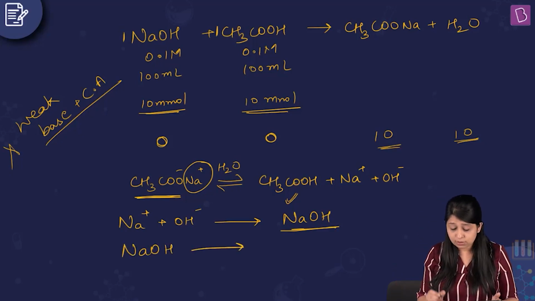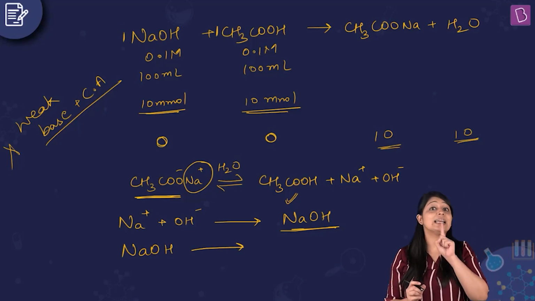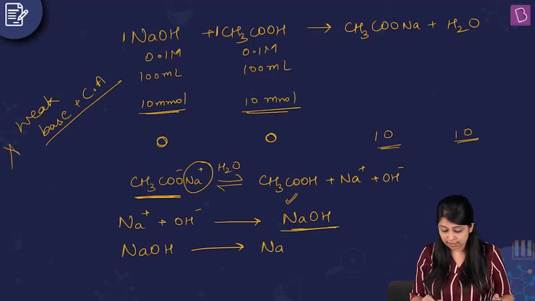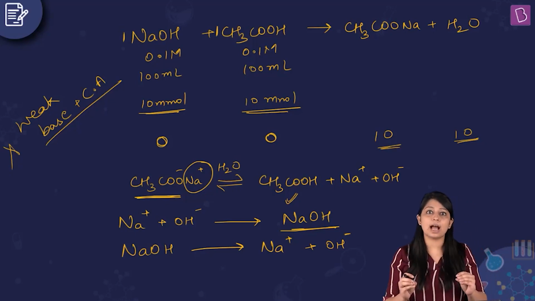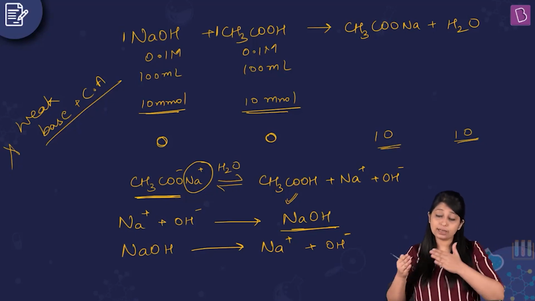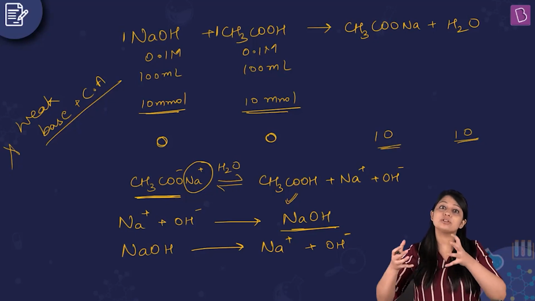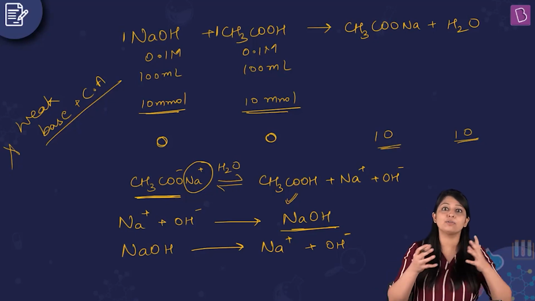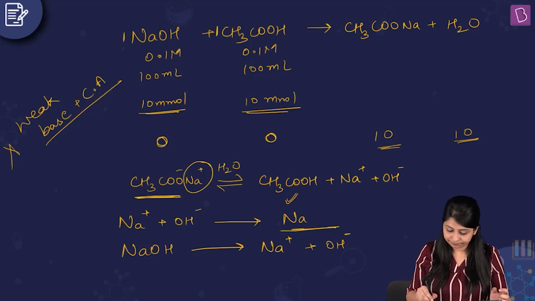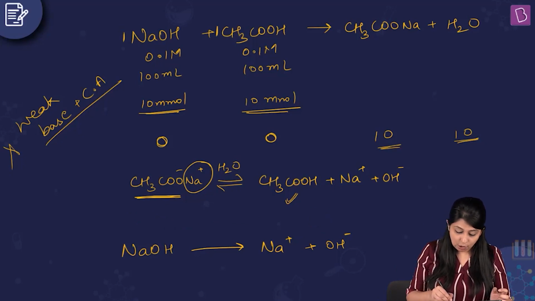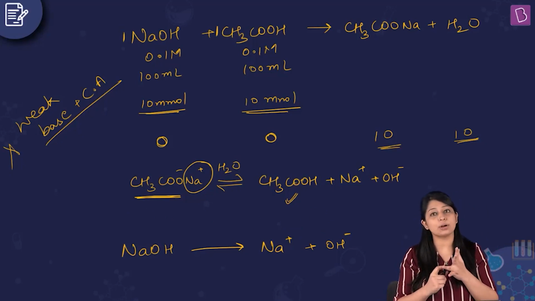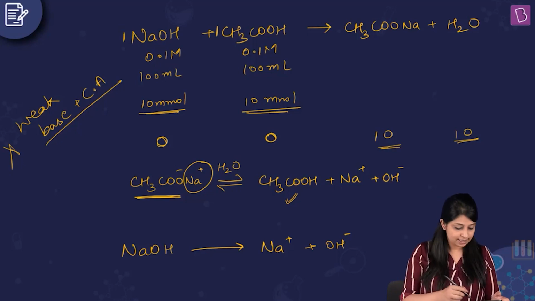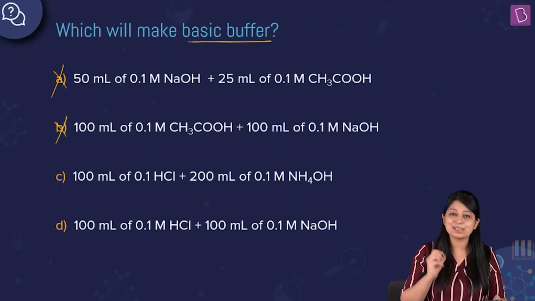A strong base dissociates, and it is an irreversible reaction. It dissociates into Na plus and OH minus in the aqueous solution, right? So if it is an irreversible reaction, that means Na plus and OH minus can never combine to form NaOH. That's why salt hydrolysis of the conjugate acid or conjugate base of a strong acid or strong base never takes place. Okay, so even our option B is not correct.